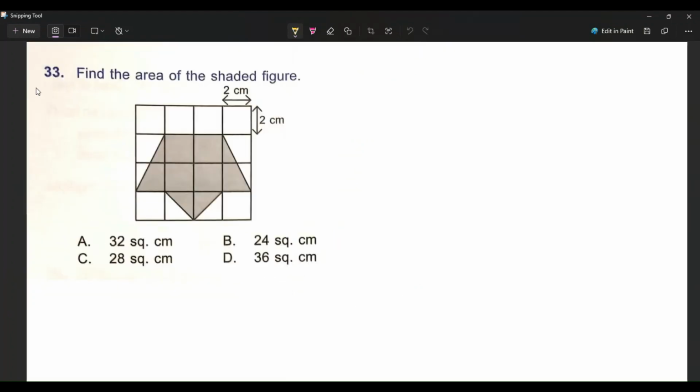33rd question. Find the area of the shaded figure. So what is the area of a square, children? Let's find out the area of the square. Area of the square is equal to s square. It means side squared. What is the side given? 2, children. Area of the square is equal to s square. It means side into side.